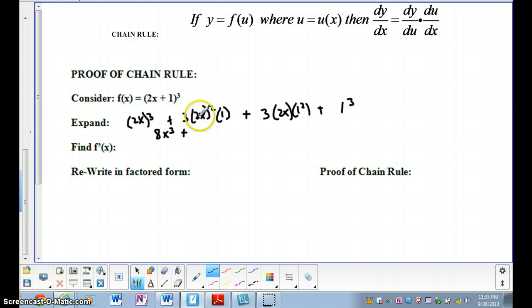So first we'll do 2x squared, which would be 4x squared, and multiply by our 3. Our next term in our function would be 6x if we simplify that, and our last term is 1.